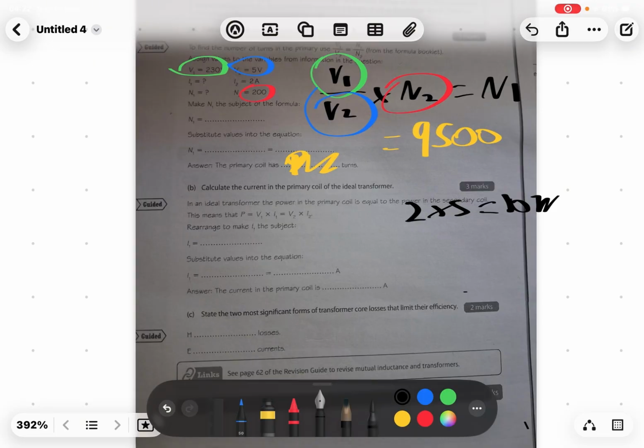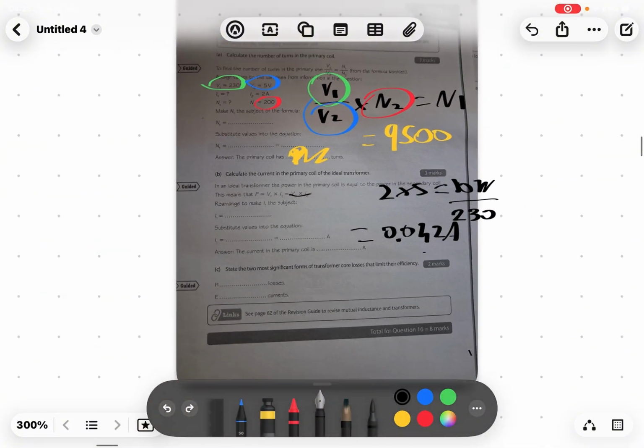After that, since they're equal, we can move the V1 here, and that'll be division. So we divide 10 by 230 because V1 is equal to 230, and that's equal to 0.042 amps.